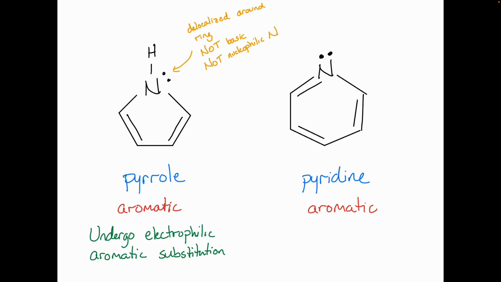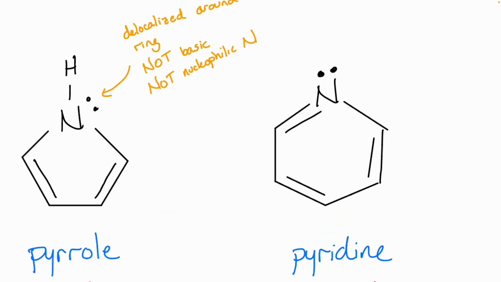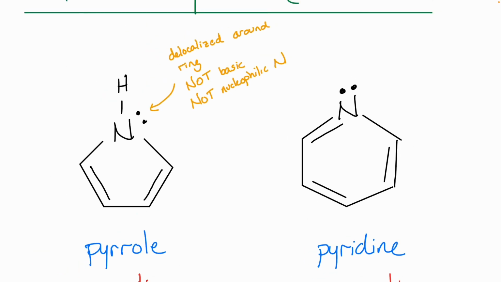Pyridine. If we look at its ring, the 1, 2, 3 odd pairs, the odd number of electron pairs that are delocalized around that ring are all those pi bonds. So in this case, this lone pair is not participating in that delocalization around the ring.